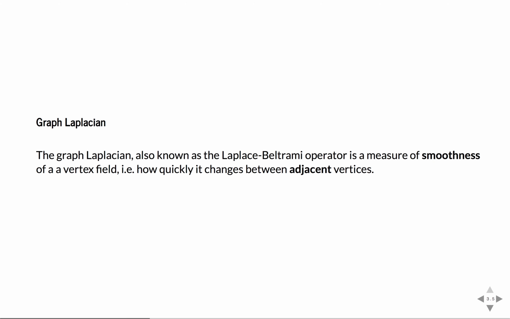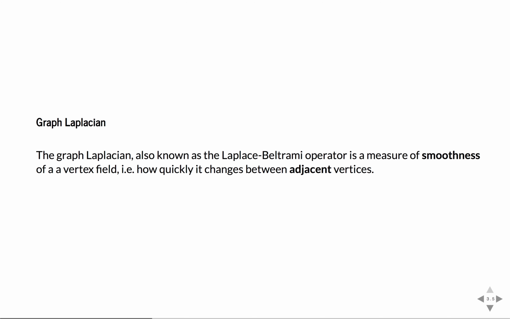Okay, so the important thing to use in our context would be this graph Laplacian, which is kind of a measure of smoothness. It's really connected to the idea of a second derivative, which measures the smoothness of a function. So you'll see that it really connects to the rate of change of your signal on the vertices, for example.